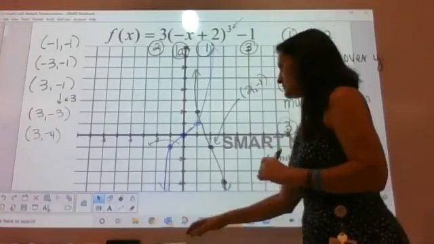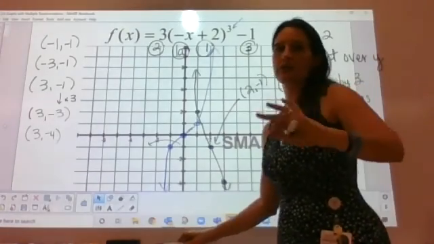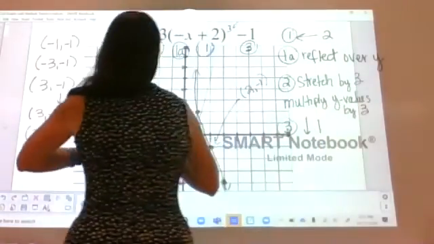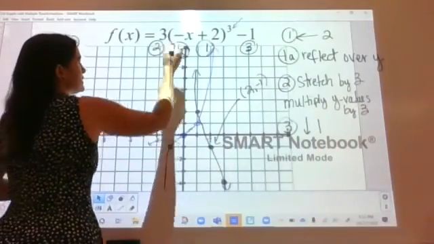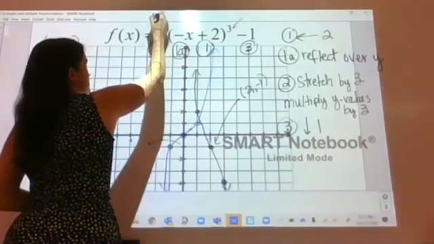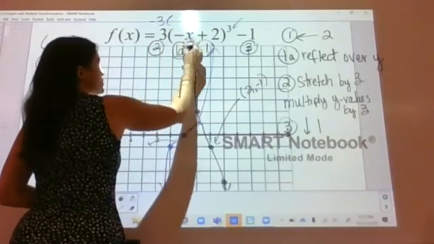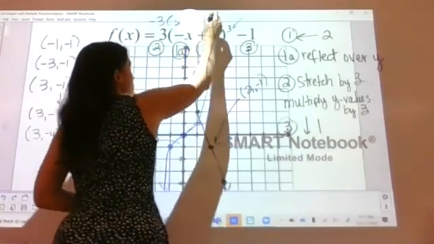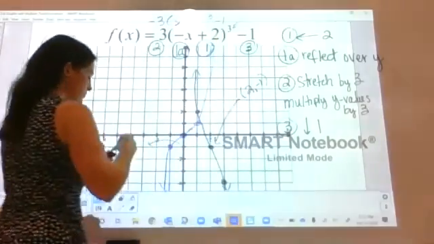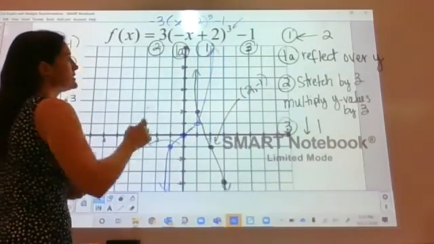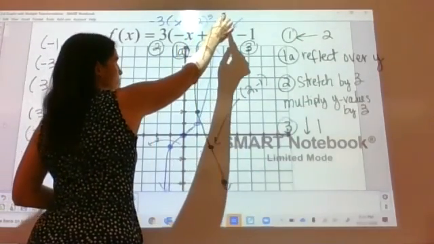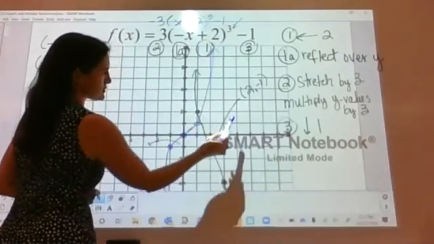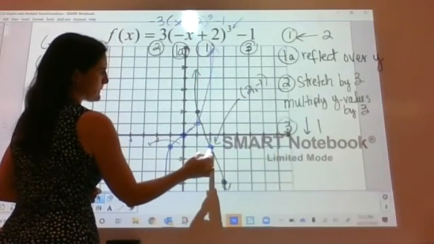Okay. If you are the factor out -1 person, you would look like this right now. You would factor that -1 out to the 3, which would change your parentheses to x -2. And then look at what that gives you. That gives you a 2, -1 inflection point, right? I got 2, -1.